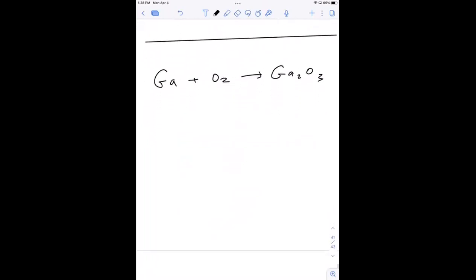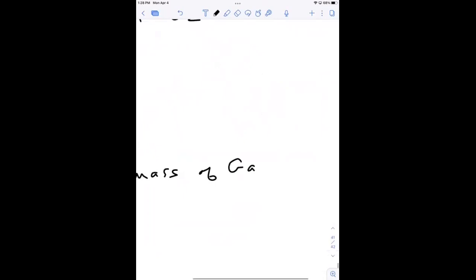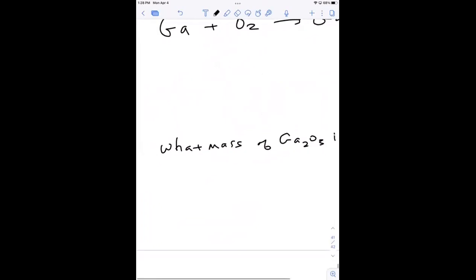And the question for this one is, what mass of gallium oxide is produced from 29 grams of gallium metal?